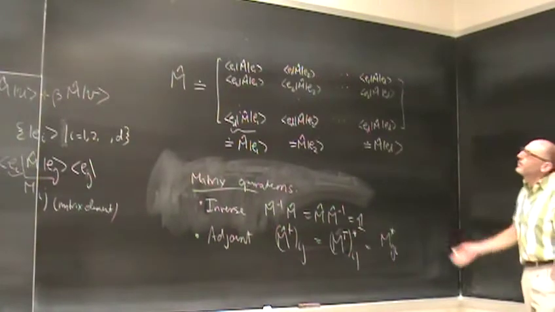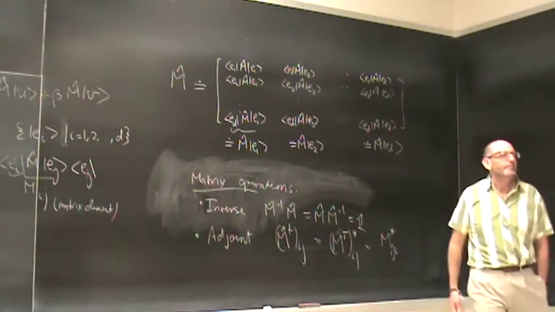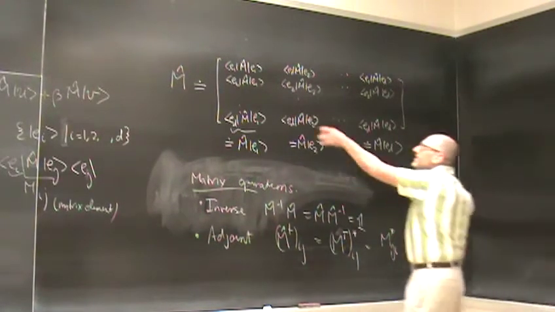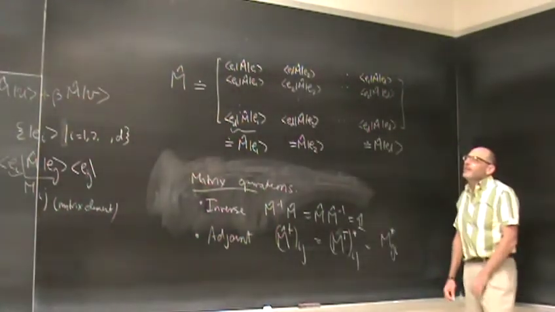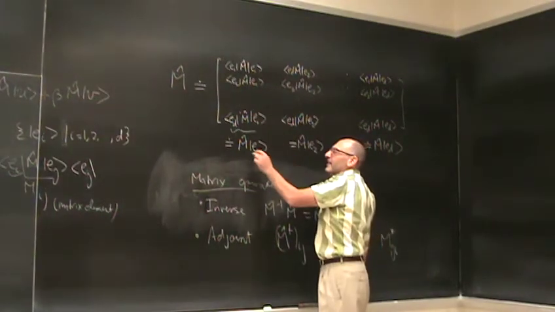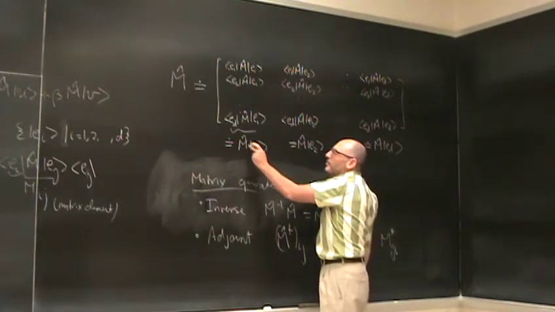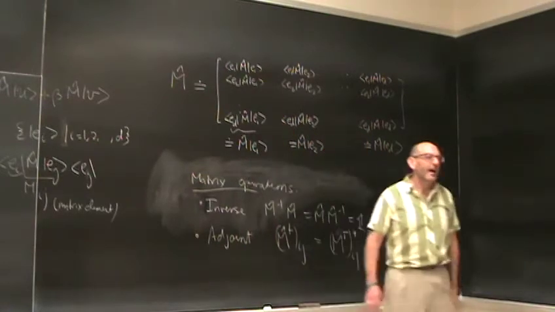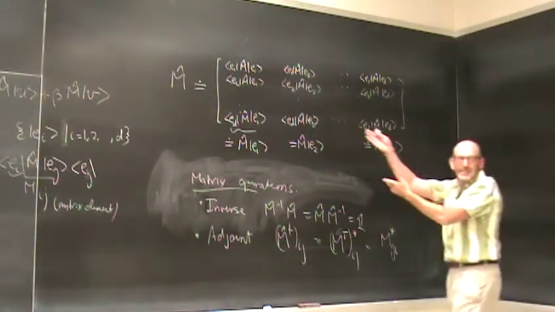And there are many ways to remember or think about the matrix representation. A useful way is to think about each column of the matrix as really just the vector that one obtains by operating the operator on the basis vector associated with that column, represented in the basis of interest.